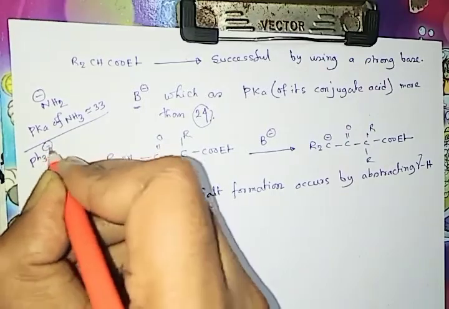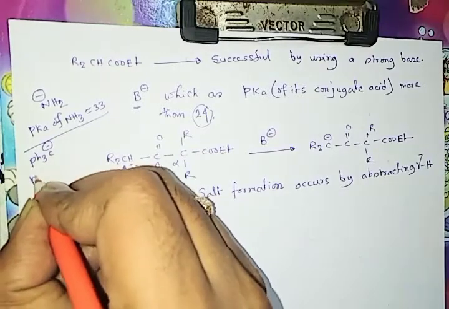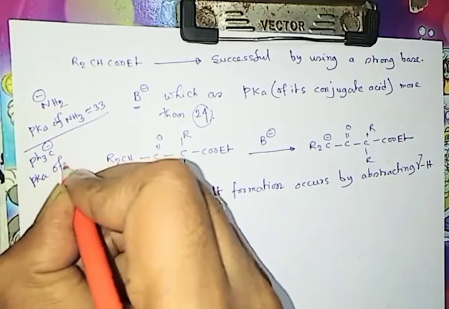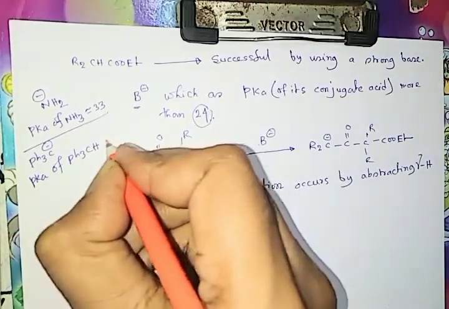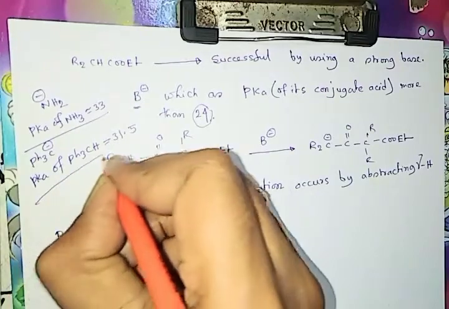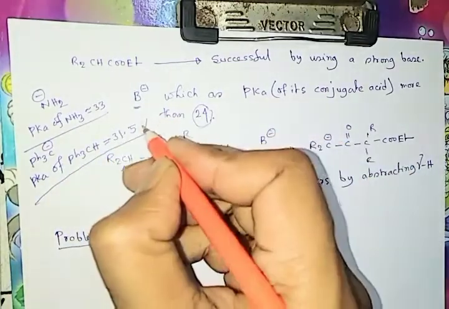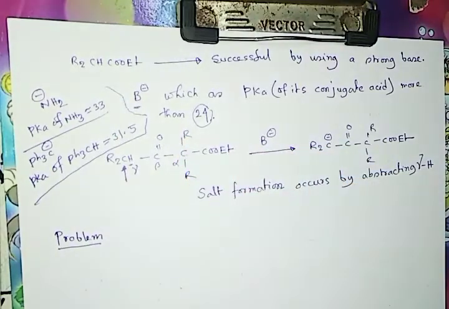Ph3C minus, this is also a very good base because the pKa of Ph3CH is about 31.5. These are very good bases and very widely used in the Claisen condensation reaction.